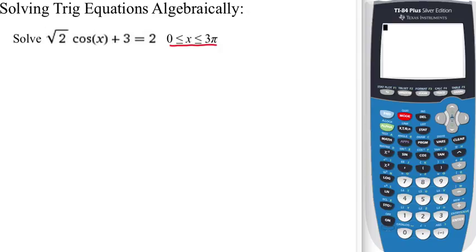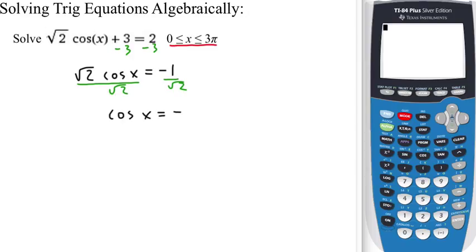So first thing, again, anything that's not connected to the cosine or sine function, let's get rid of that. So subtract 3 from both sides, and now we have root 2 cosine x equals negative 1. Now get rid of that root 2, and now we have cosine of x equals negative 1 over root 2.